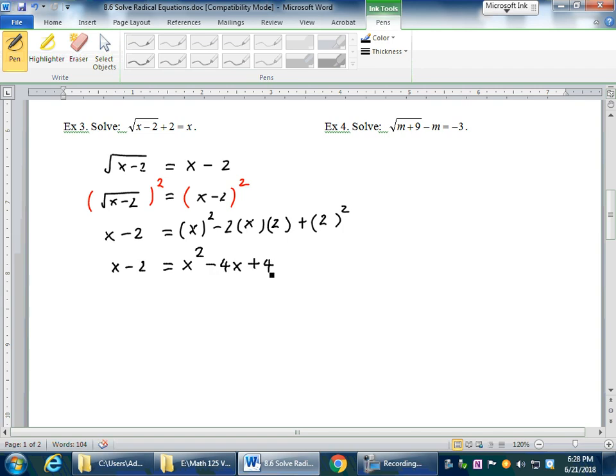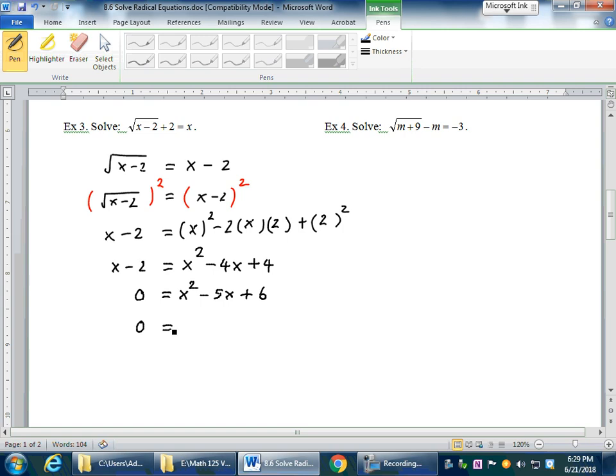Now we are solving a quadratic equation because the variable x has the exponent 2. How do we solve quadratic equations? Set one side equal to 0. So that means I'm going to subtract x from both sides, that becomes negative 5x, and then I add 2 to both sides, that becomes plus 6.